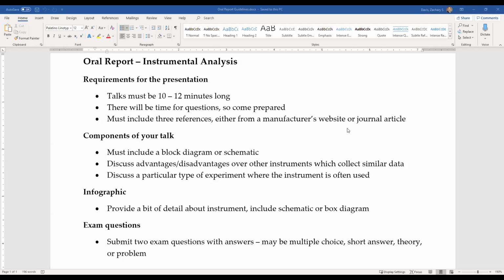We'll see how we progress rather than trying to do it online. Then during our final exam period, it's not really an exam, it'd be a quiz almost with a question from everybody's instrument. What I want is 2 questions that you submit to me along with what you think the right answer is. And then I will, of course, add a question for every instrument as well. So if I don't think your questions are hard enough, I'll write my own.